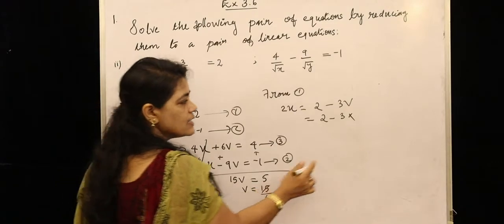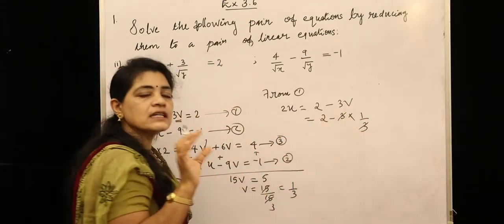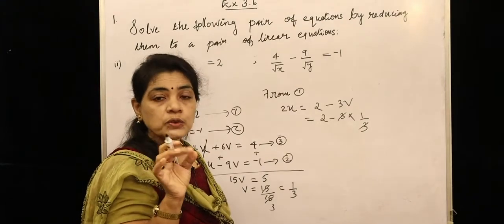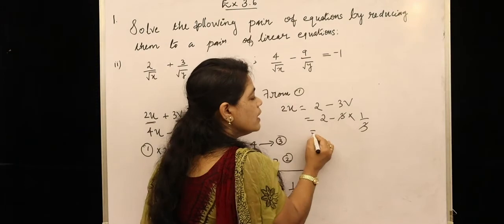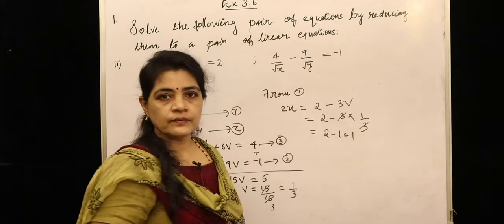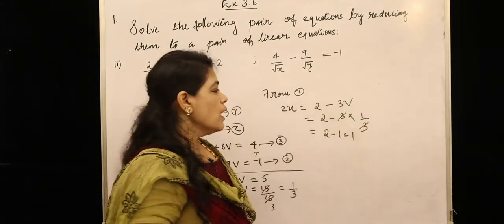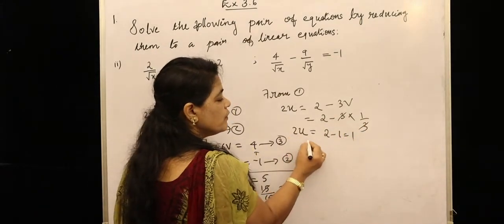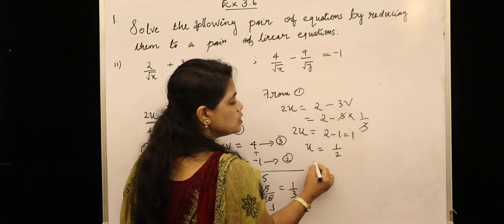We got v as 1 by 3. So you can cancel, since both the factors are connected by multiplication. That is how I cancelled 3 and 3. So 2 minus 1 is 1. 3 gets cancelled, so minus this 1. And this is 2u, but we need u. u is equal to 1 by 2.